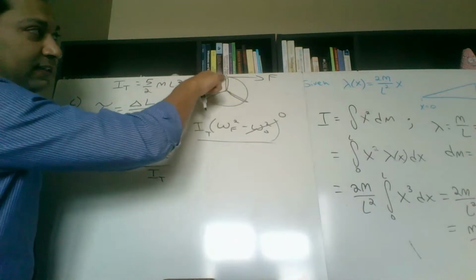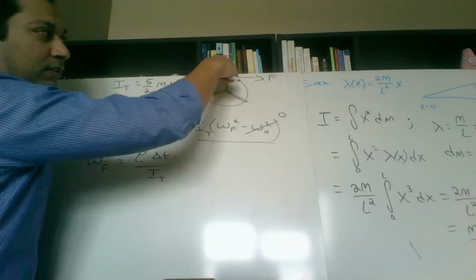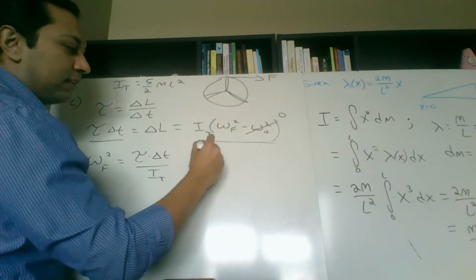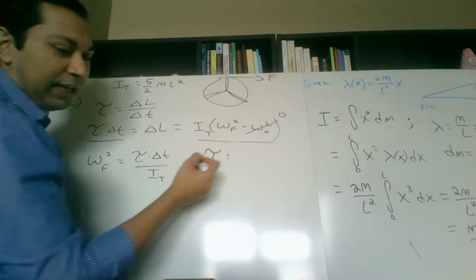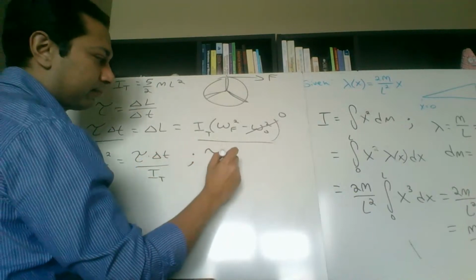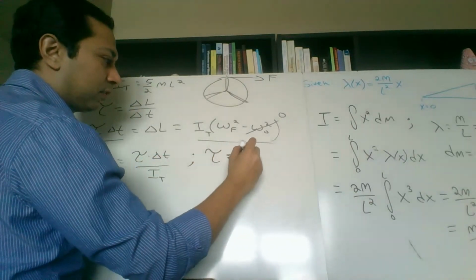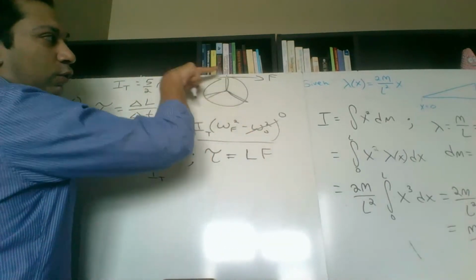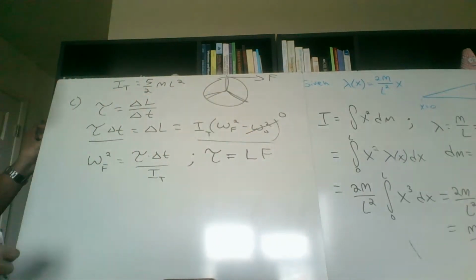So the torque you're applying is this force right here, and the distance is a distance L. So torque is L times the applied force. You're this far away and you're hitting it that way. So that's what torque is equal to.